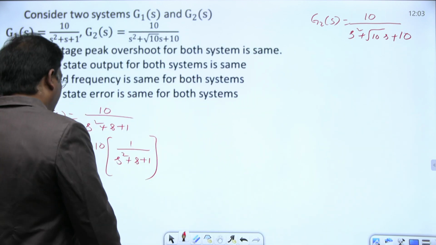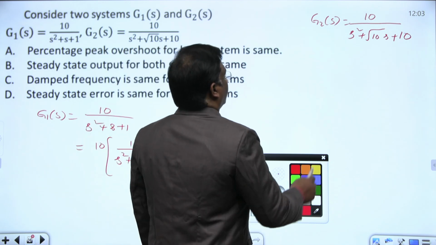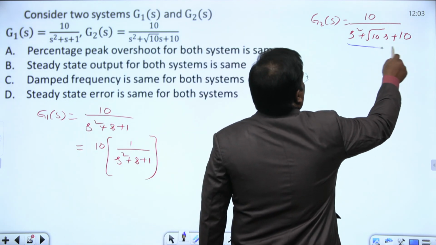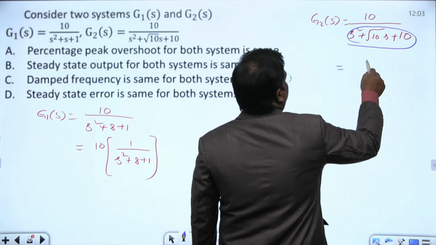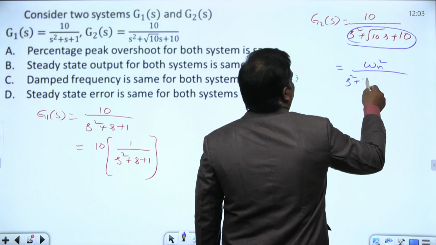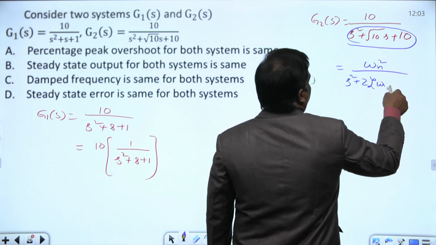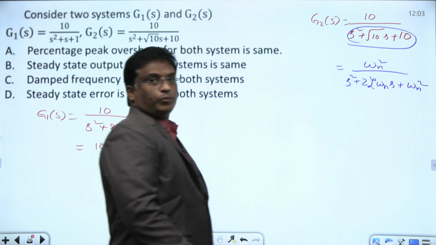If you compare with the characteristic equation, it seems like a second order response, something like s square plus 2 zeta omega n s plus omega n square, right?